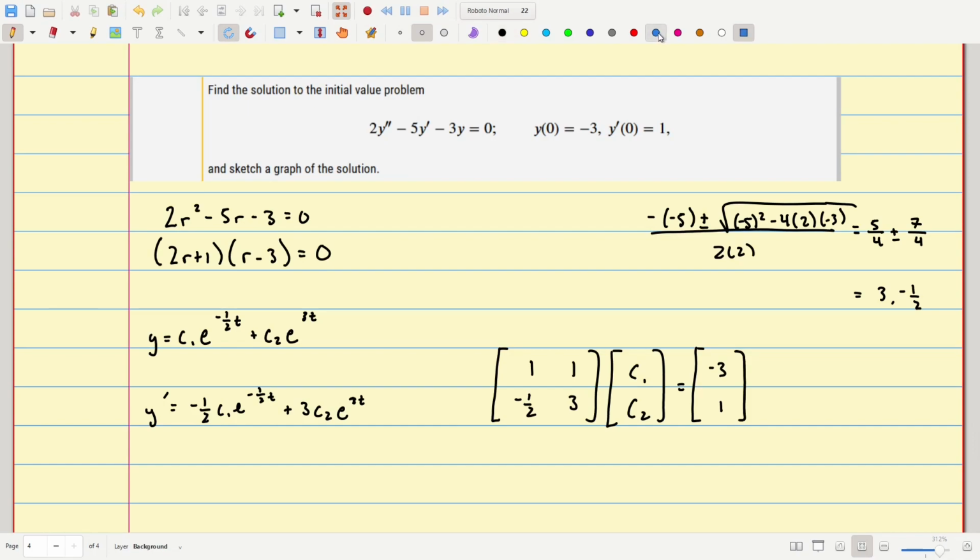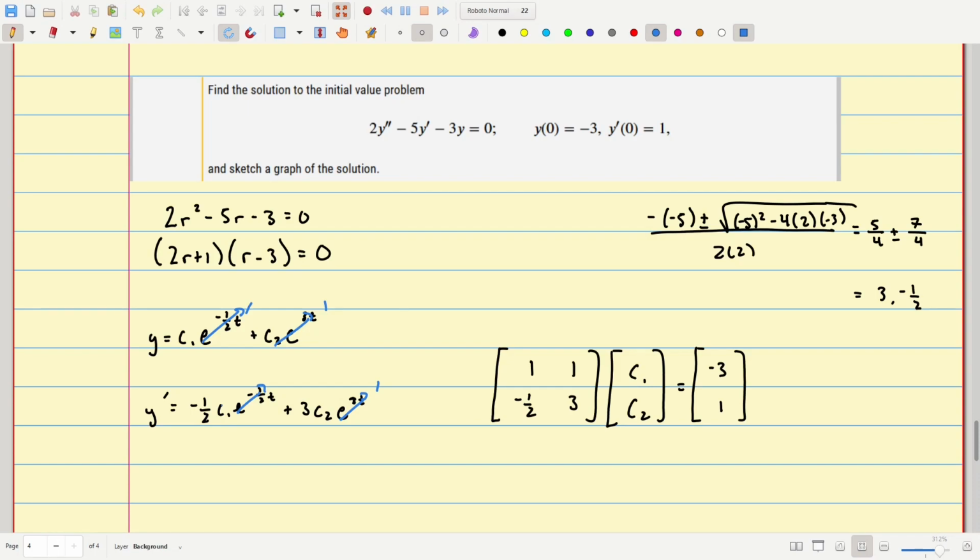I didn't explicitly write out plugging in 0 to our equations here, but of course if I just plug in 0, these both go to 1, and these both go to 1, so it's really easy to see without working it directly how that looks.